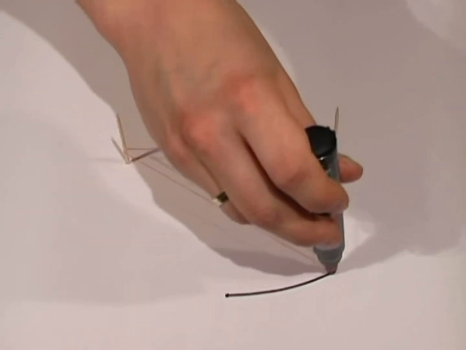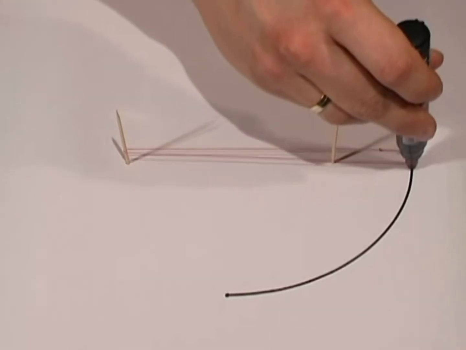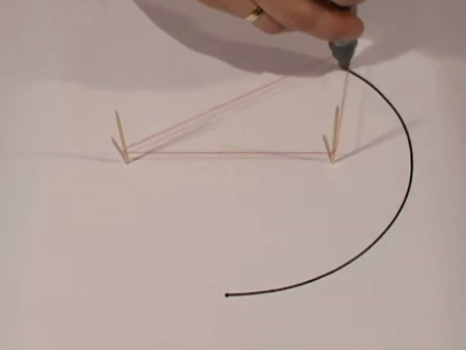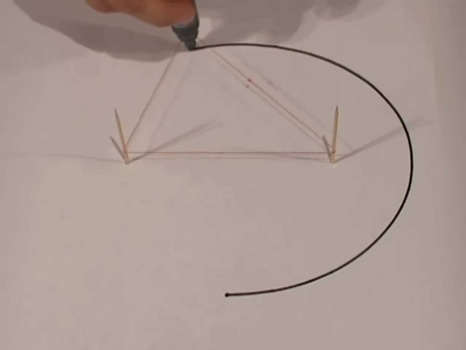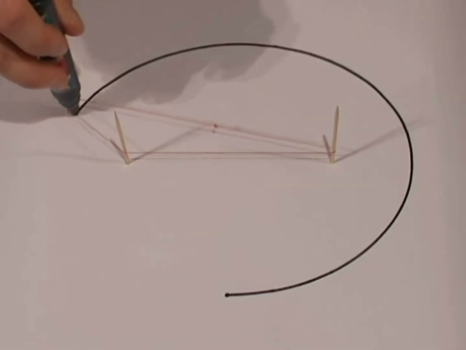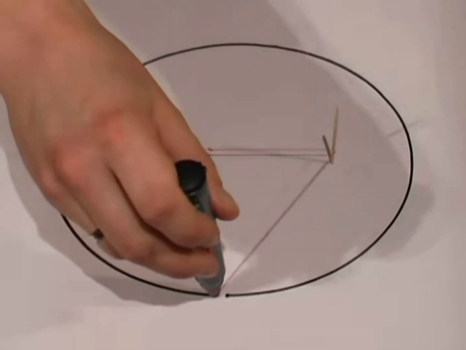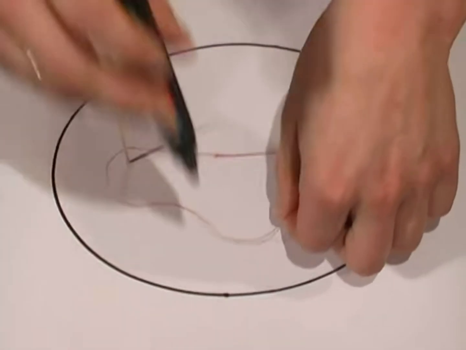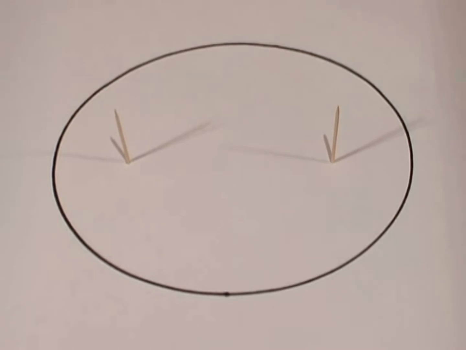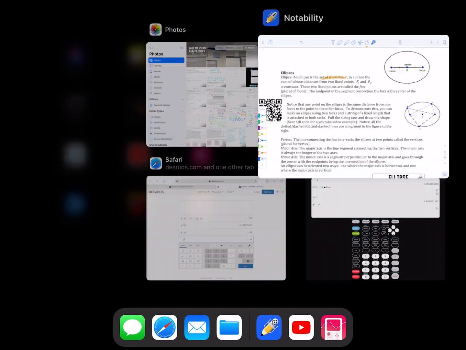That string, that distance of the string, isn't changing at all. And that creates our ellipse.